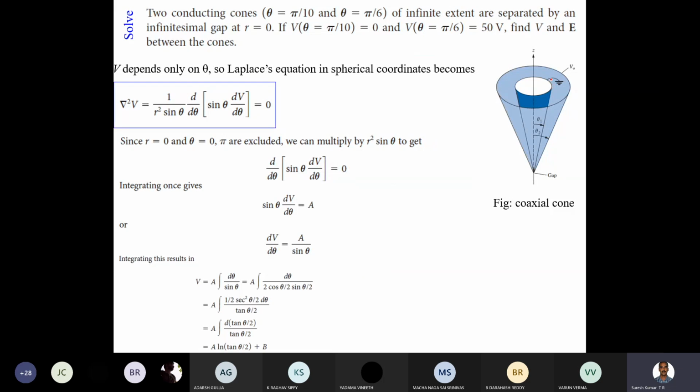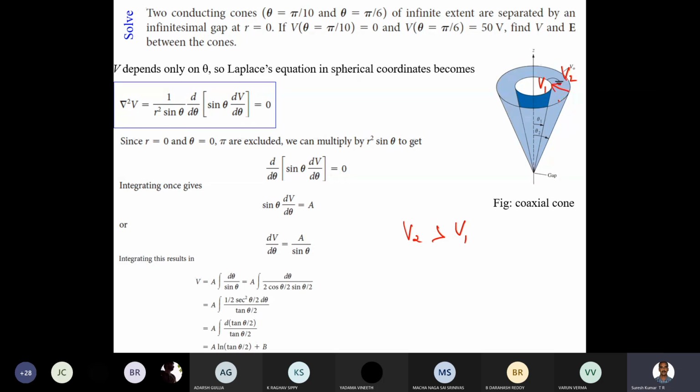See this. You can see this is at lower potential, right? This is at the higher potential, or you can say V1. This is V2. So V2 is at higher potential and V1 is at the lower potential. So electric field will be from higher to lower potential, right? So like this.